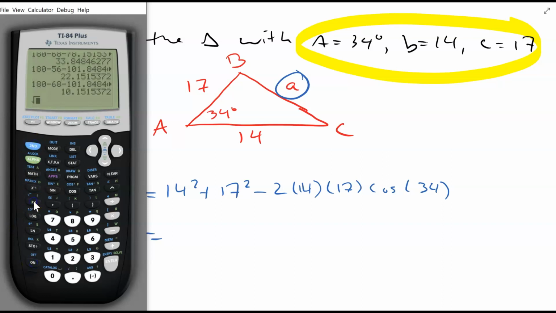So I'm going to do the square root of 14 squared plus 17 squared minus 2 times 14 times 17 times cosine of 34. Again, double check to make sure you're in degree mode. And I get 9.507.